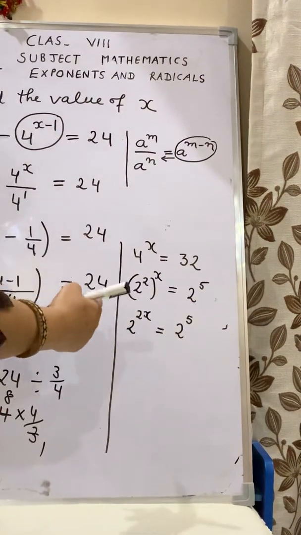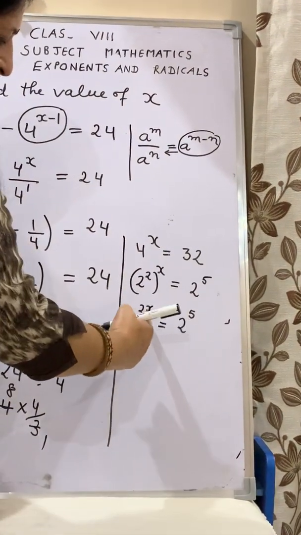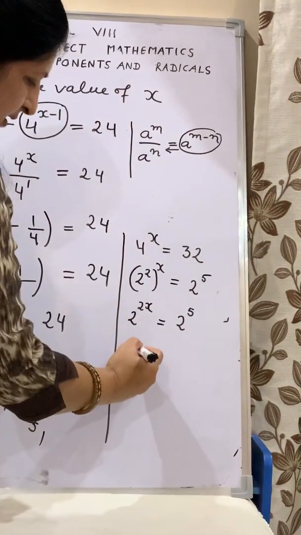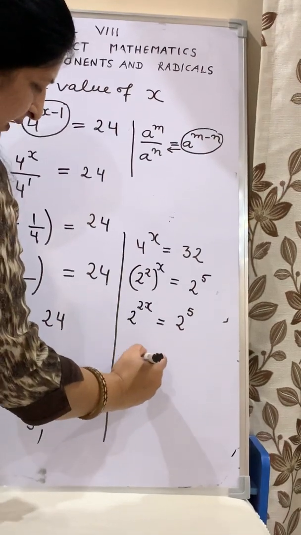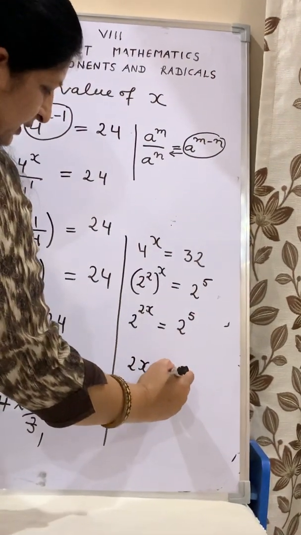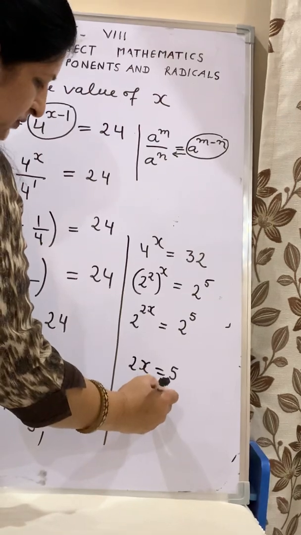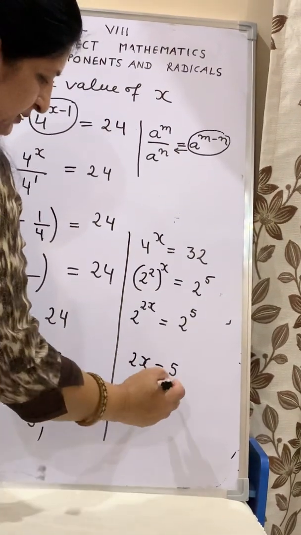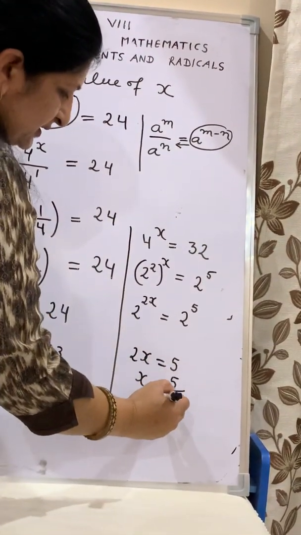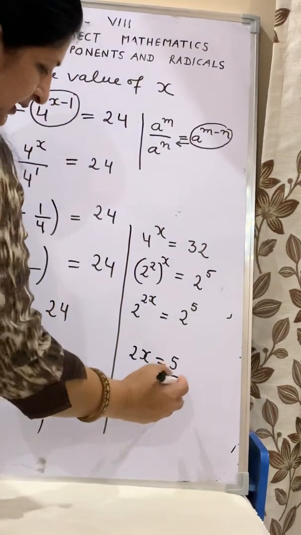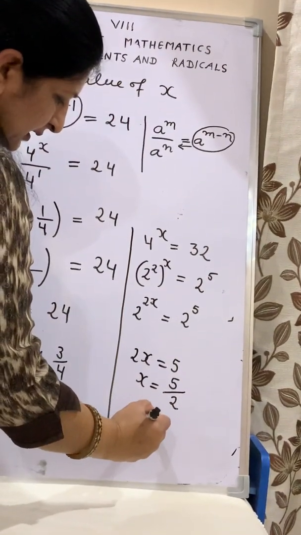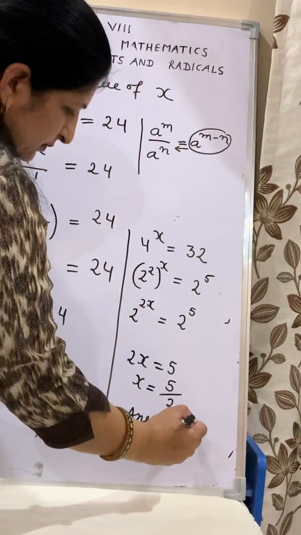Now bases are equal. Then we equate the exponents. 2x equal to 5. Then transpose 2. Here the relation is multiply. We will write in division, 5 by 2. It is the answer. x equal to 5 by 2.